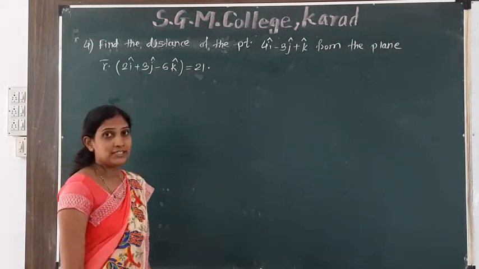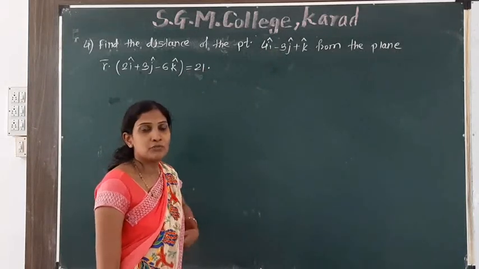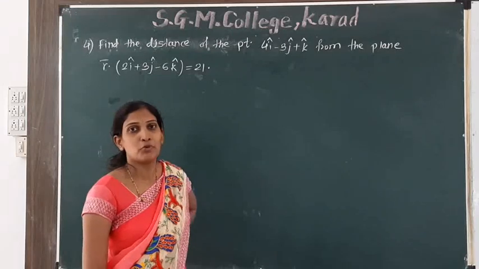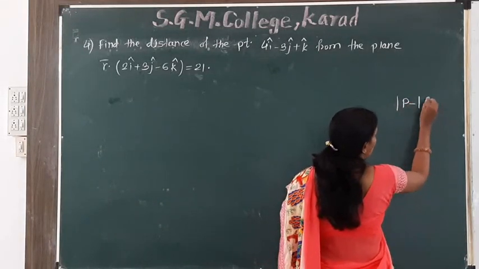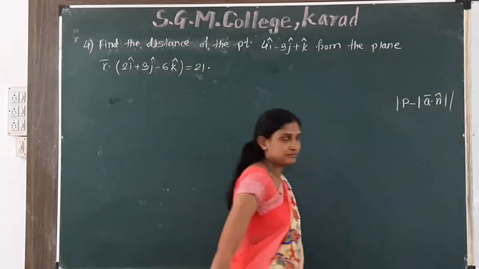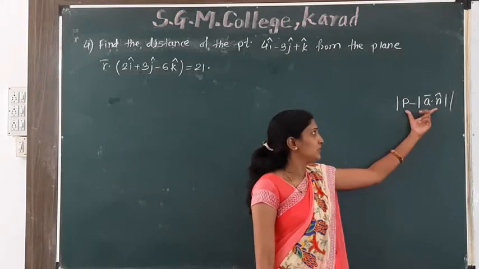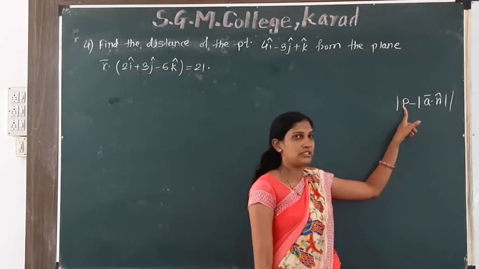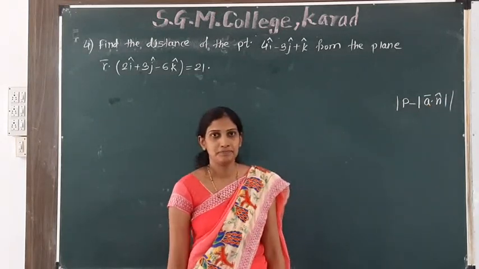We have to find the distance of a point to a plane. And what is the formula of a distance of a point to a plane? It is P minus mod of a bar dot n cap. For this formula, we have to know the value of P, the value of a bar and the value of n cap.